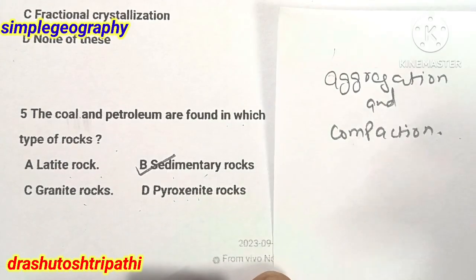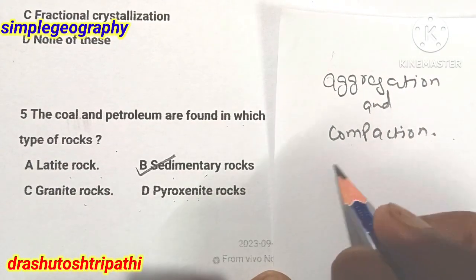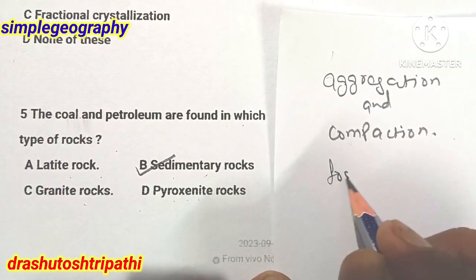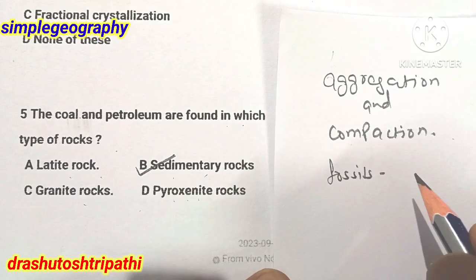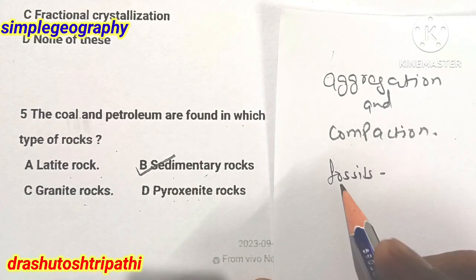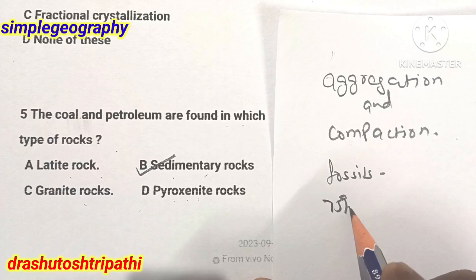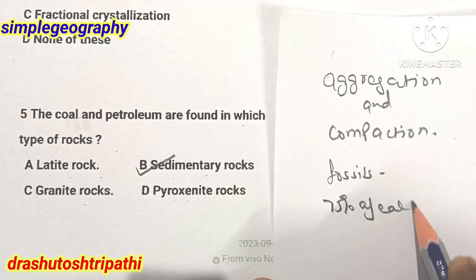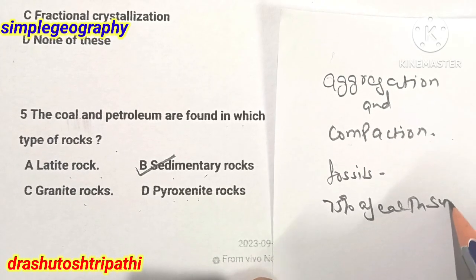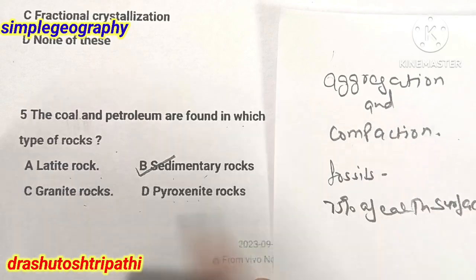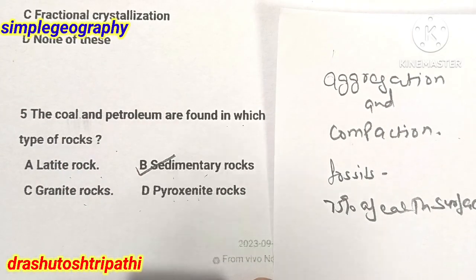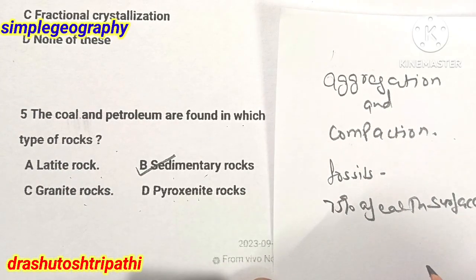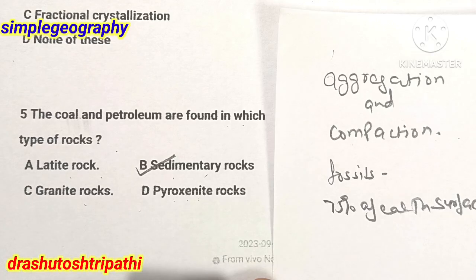What are the characteristics? It contains fossils. These rocks are found over about 75% of the earth's surface. That's why coal and petroleum are found in these types of rock.